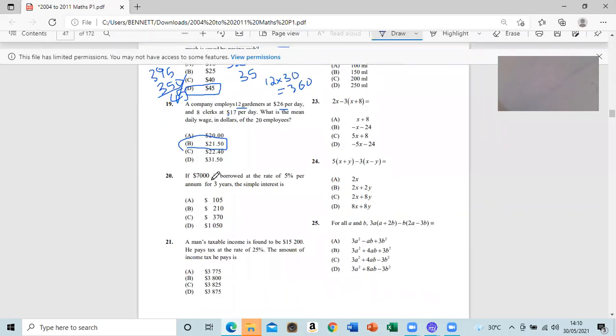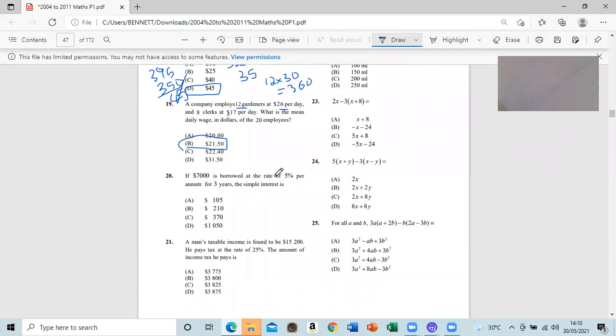All right, if $700 is borrowed at a rate of 5% per annum for 3 years, the simple interest is, 3 marks. What is 700 times 5 times 3?